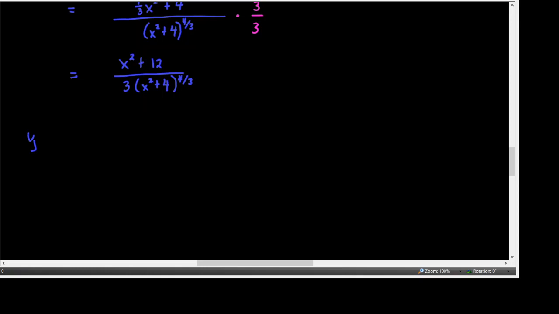Y is equal to (3x minus 1) over (x squared plus 3), quantity squared.